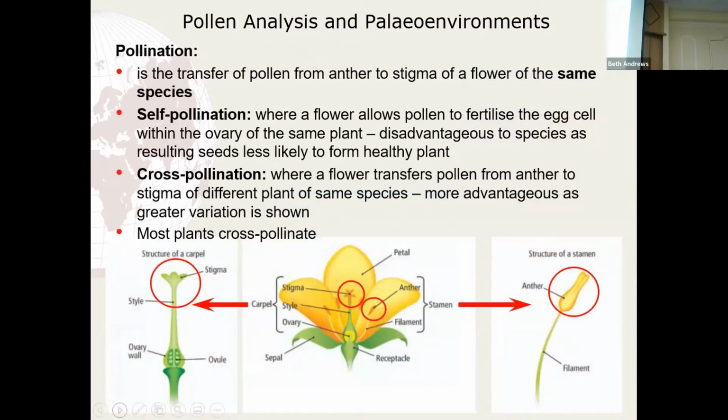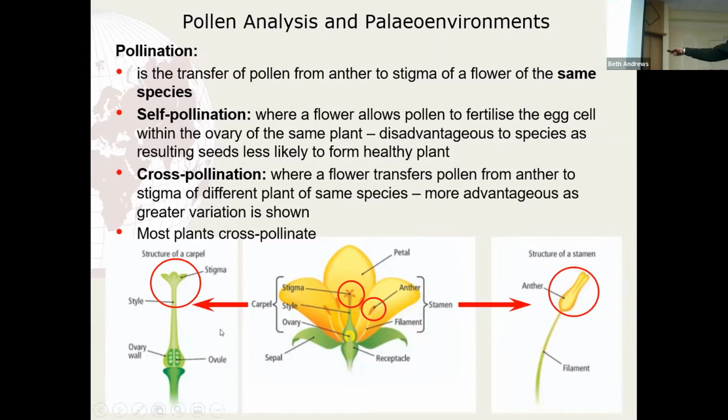So pollination is the transfer of pollen from the anther to the stigma of a flower of the same species. There are essentially two types of pollination. One is self-pollination, where a flower allows pollen to fertilize the egg cell within the ovary of the same plant. It's disadvantageous ecologically to the species as the resultant seeds are less likely to form a healthy plant.